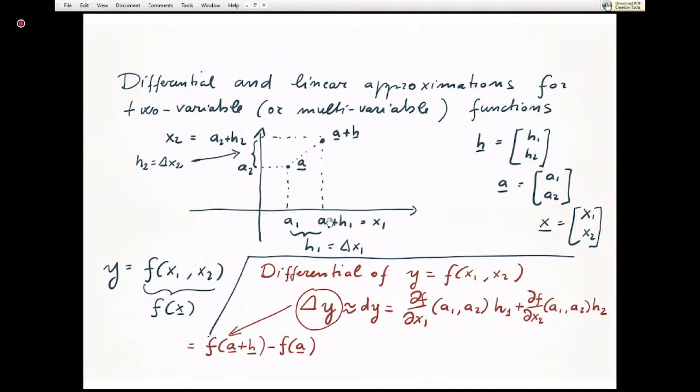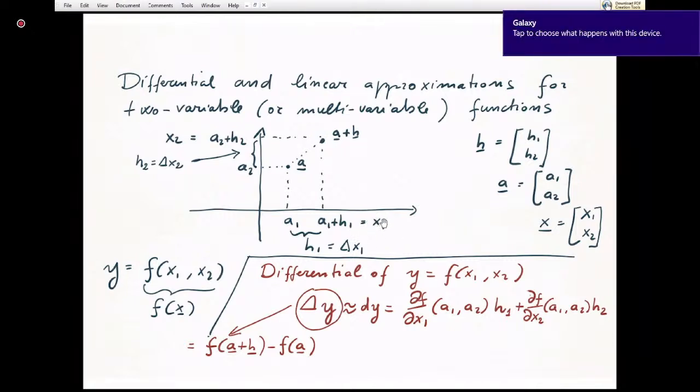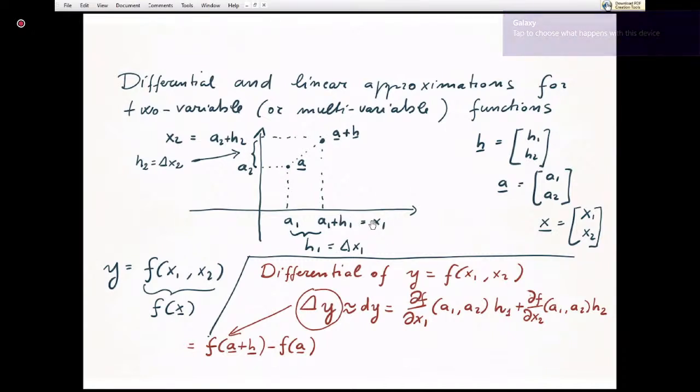But instead of focusing on the increment, call the initial point, for instance, the coordinate on the horizontal axis, a1, and the new coordinate of the new point is x1. It's not a1 plus h1. Focus on the final level, not on the increment, okay? So basically, what is h1? It is x1 minus a1, okay?